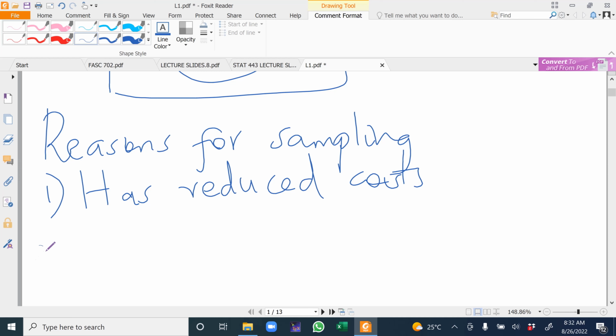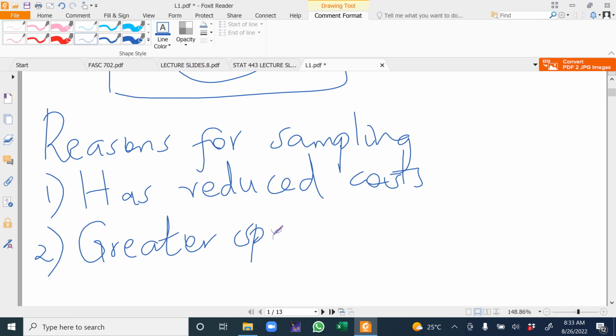The second reason is that we experience greater speed. And this is due to the fact that we are using part of the population.